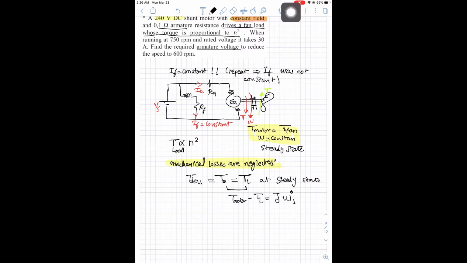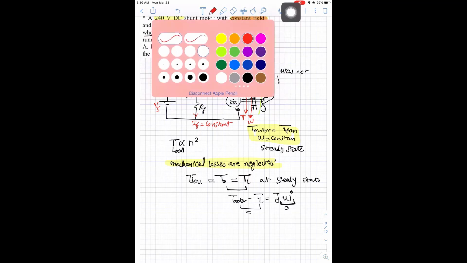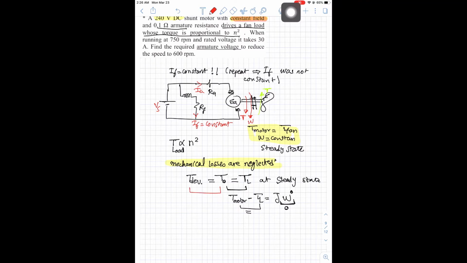If we are running with constant speed, the acceleration is zero, and T motor and T load will be equal. And if we are neglecting the mechanical losses, T developed and T output are the same.